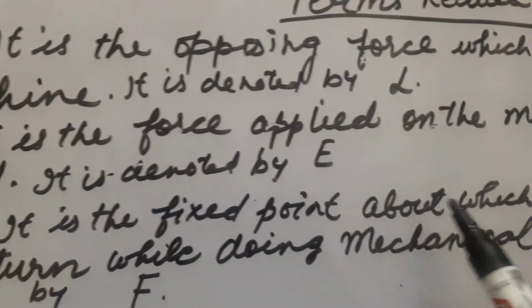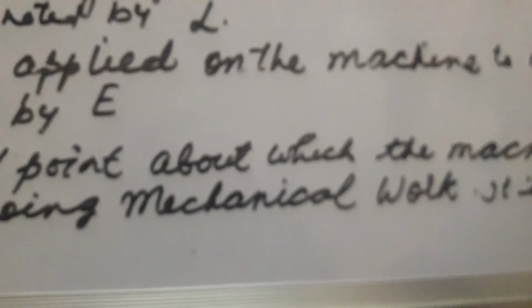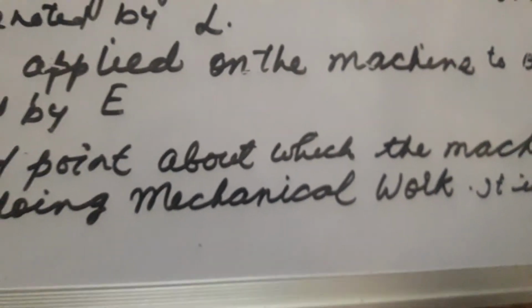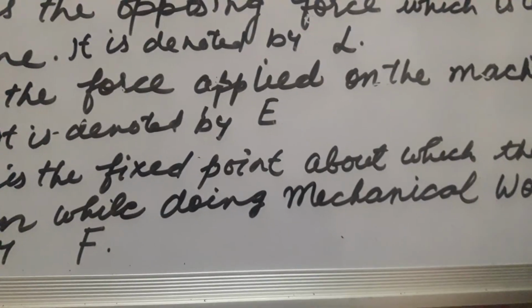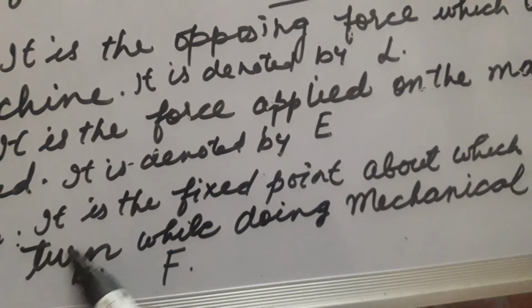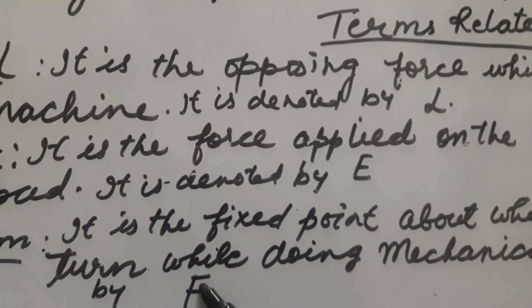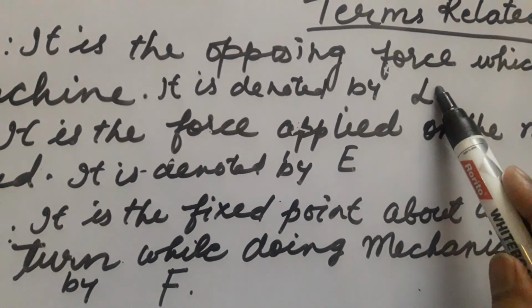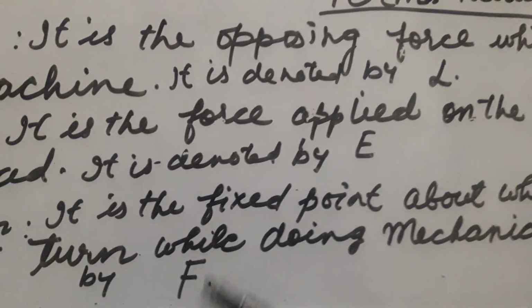It is a fixed point about which the machine can turn while doing mechanical work or to overcome load. It is denoted by F. Understood? Load L, effort E, and fulcrum F. Understood, children?